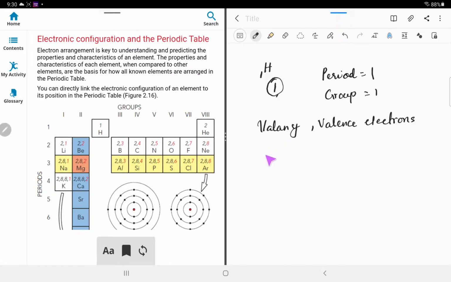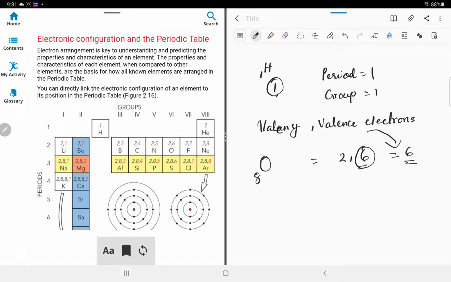Suppose oxygen: we know that 8 is the atomic number and the electronic configuration is 2,6. So what is the number of electrons in the outermost shell? 6. So the valence electron is 6. And what is valency?